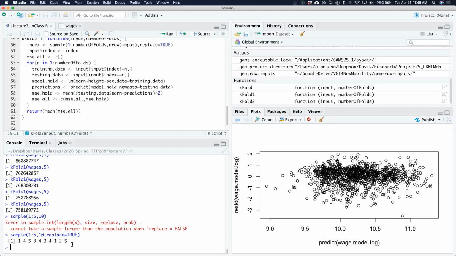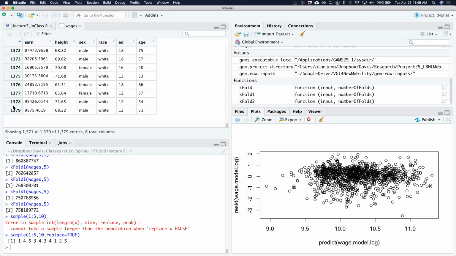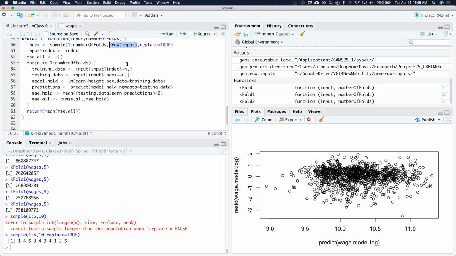Then it's pulling 1 through 5 out of a hat 10 times. That's what the second input is. So this nrow is saying I want to draw 1 through 5 a number of times equal to the number of rows in my data, so that I can assign a new column called index that will have 1 through 5, 1379 times. Does that make sense? Yeah, got it. Thank you.